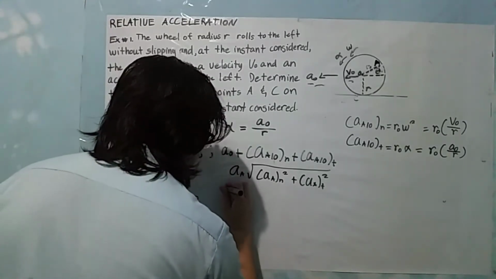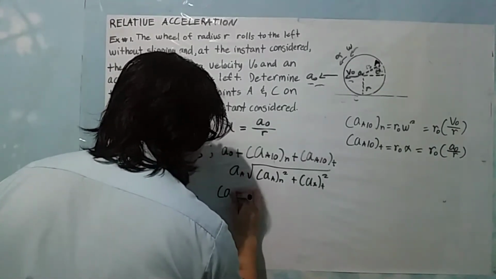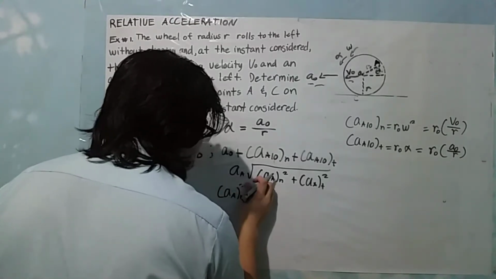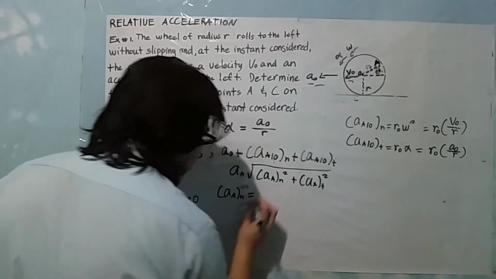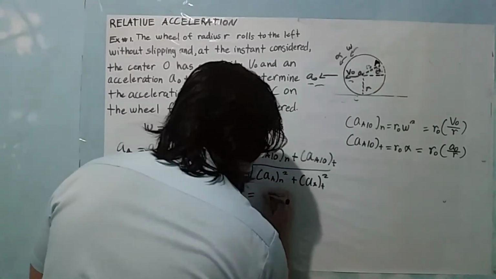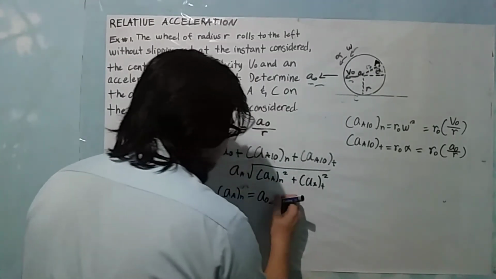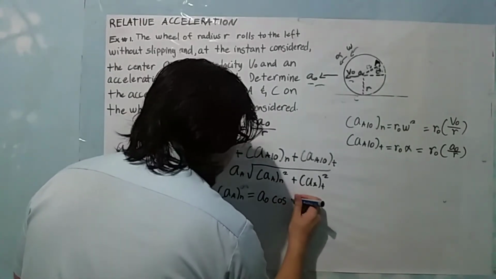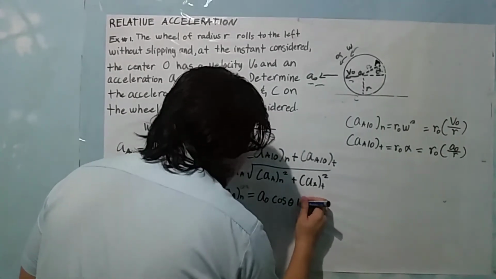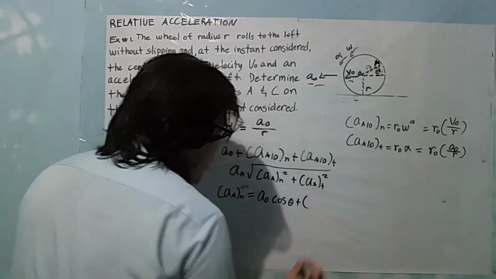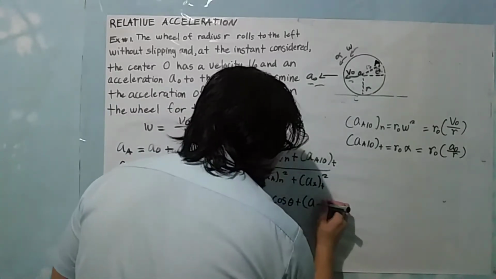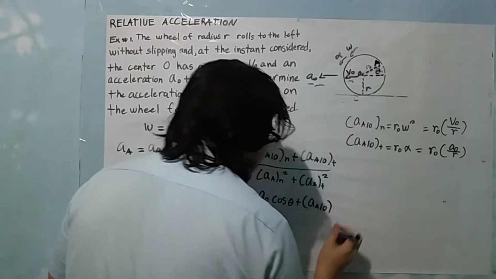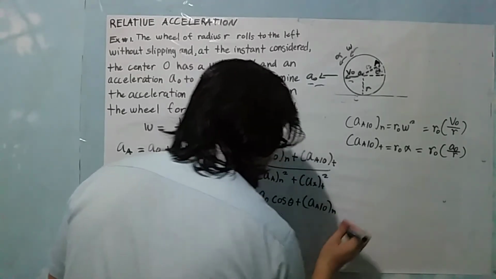For the normal, acceleration A normal is equal to a sub 0 cosine theta plus acceleration of A and O normal.